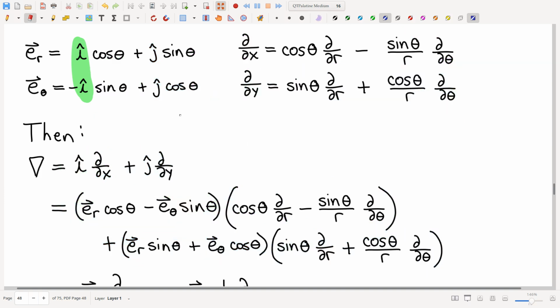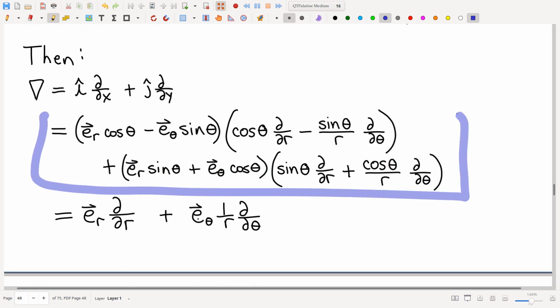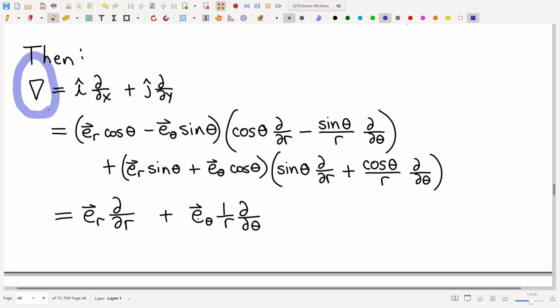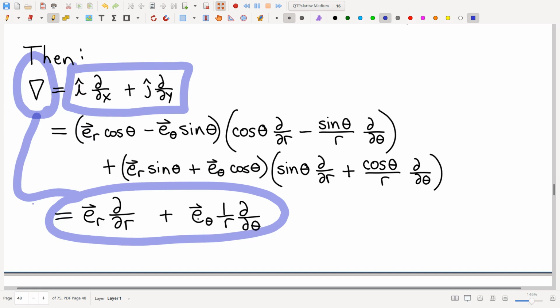And then you look at this great big thing, and you can just multiply it out, collect terms, and there are cancellations and Pythagorean simplifications, and so on. Good exercise. Everyone should do this once in their lives. It's not hard. It's pretty straightforward. And what you find is that the del operator that we wrote like this in rectangular coordinates is this in polar coordinates. And this is very, very handy.